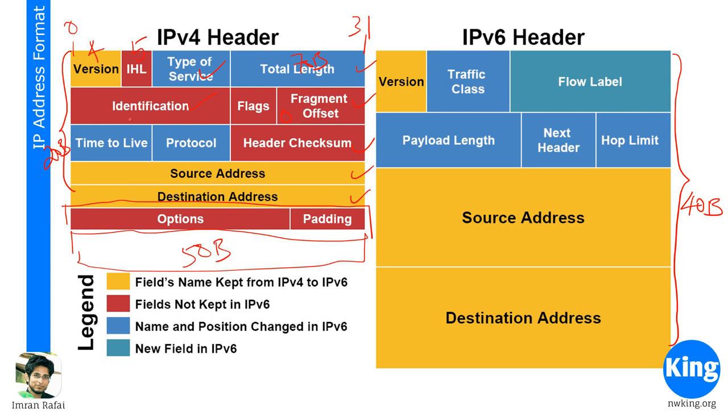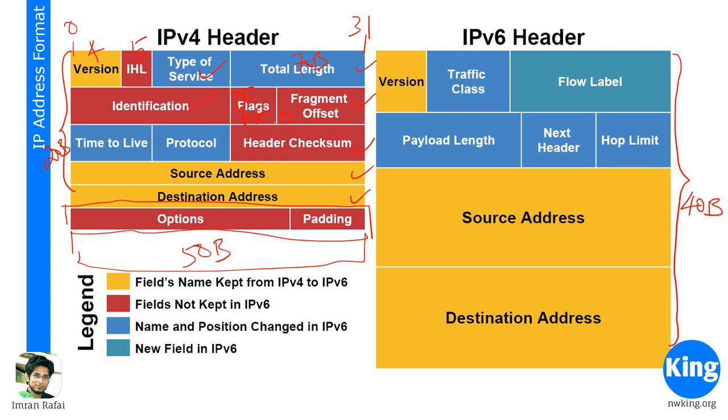Now flags tell if it is a fragment. Let's say you don't want your data to be fragmented, there is a DF flag which is do not fragment. You can set that, and then that data will not be fragmented. And there is also another flag called MF, that means more fragments. So if one IP packet is broken into 5, the first, second, third and fourth will have MF set to 1.